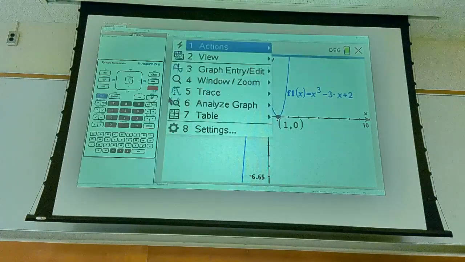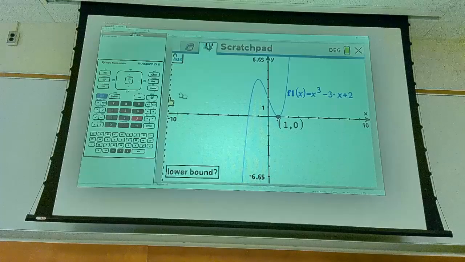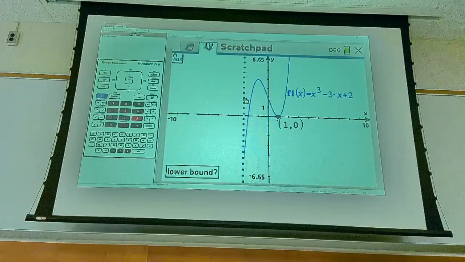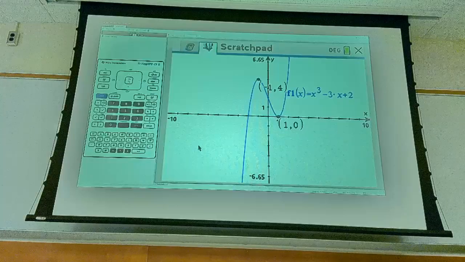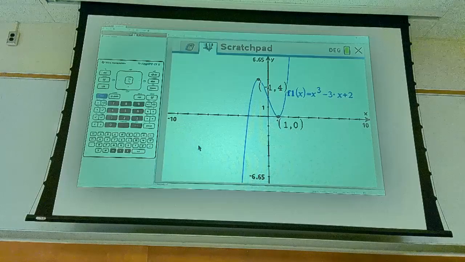Then I'm going to do the same thing for the maximum. And there's your max. Screenshot it.